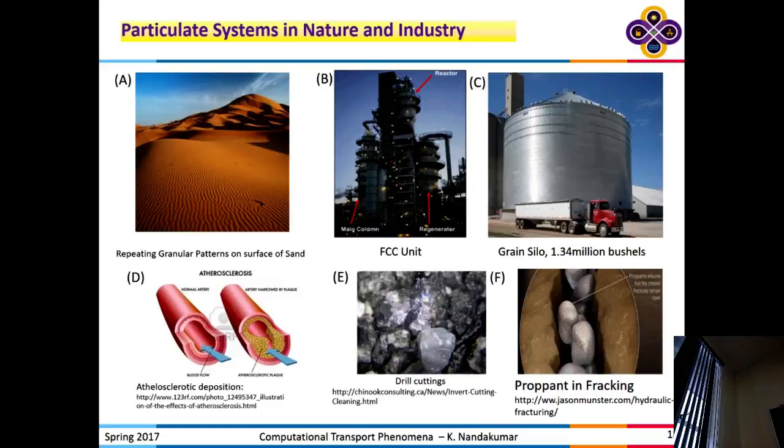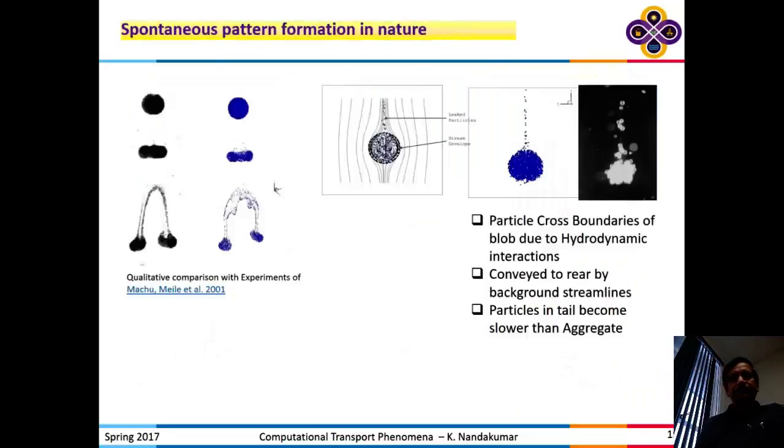And this is an FCC unit that's used typically in refineries, for example. Grain silos. So there are lots of examples where you have gas solid, liquid solid, gas liquid systems. And can we develop a common framework, at least a few sets of models that can be applied to understand all of these phenomena?